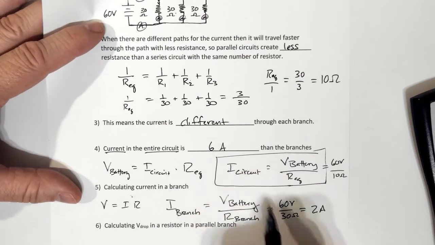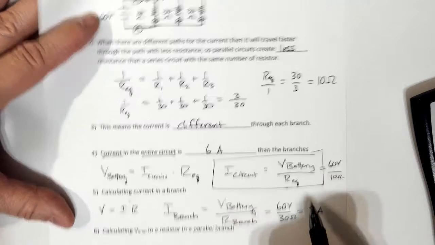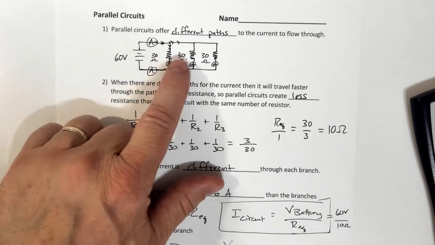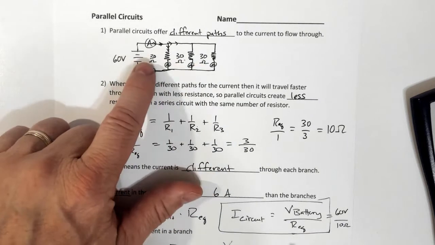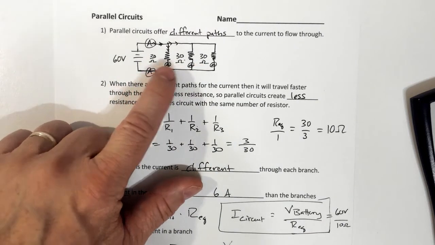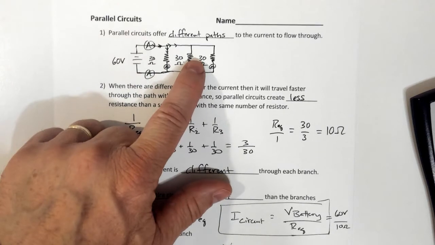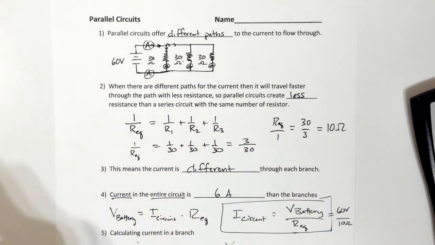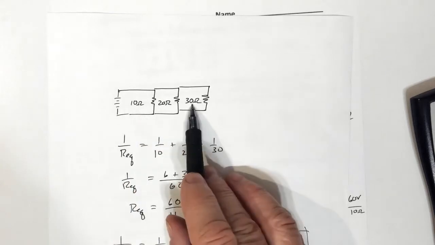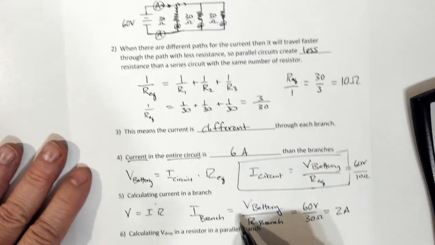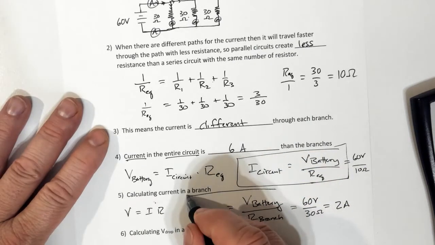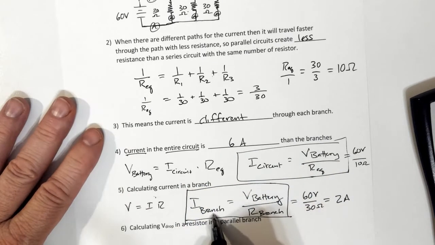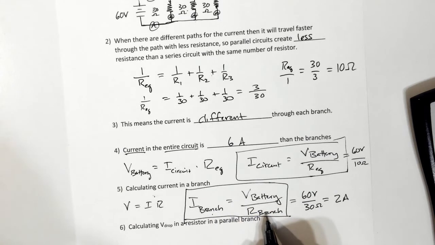So that's different. Okay? And since this is 30, then I could find this one again, 60 divided by 30. But if it was 10, 20, and 30, it'd be 60 divided by 10, then 60 divided by 20, and then 60 divided by 30, if each branch was different. Okay? So I've got to be careful here. The branches do have different currents, and to find that you have to use the branch resistance, okay?